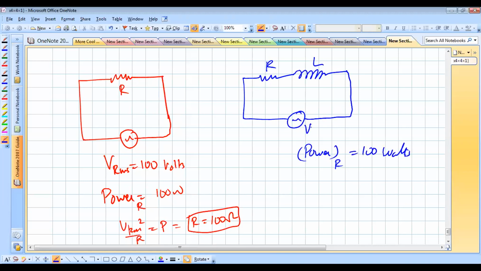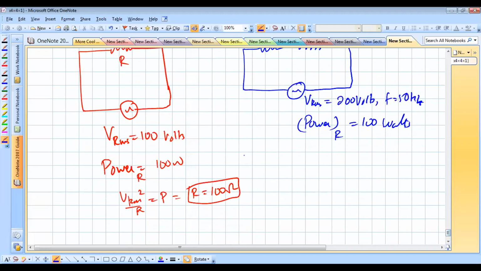But this time your V RMS is 200 volts and your frequency is 50 hertz. So what we'll have to do this time is the current will become I naught sine omega t plus some phase constant, where I naught is V naught by Z.